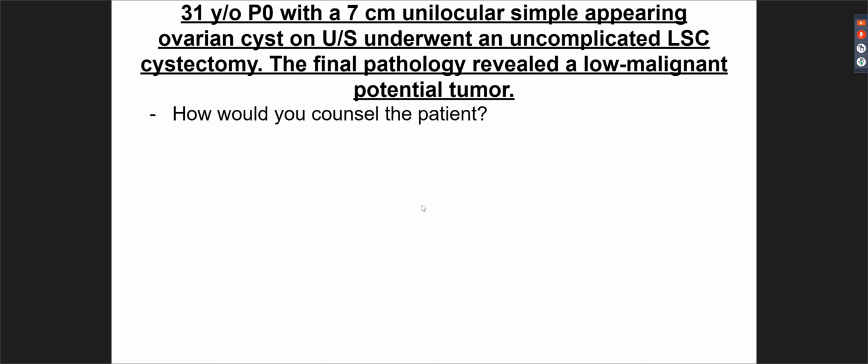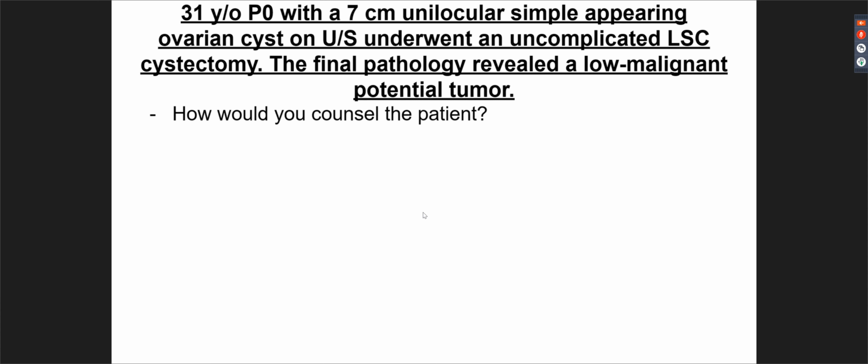So when I see this patient, I would counsel her on the surgical findings first, what we saw during the laparoscopic surgery, and then I'll go over the pathology results with her. I would tell her that the pathology shows this tumor could have a low malignant potential.